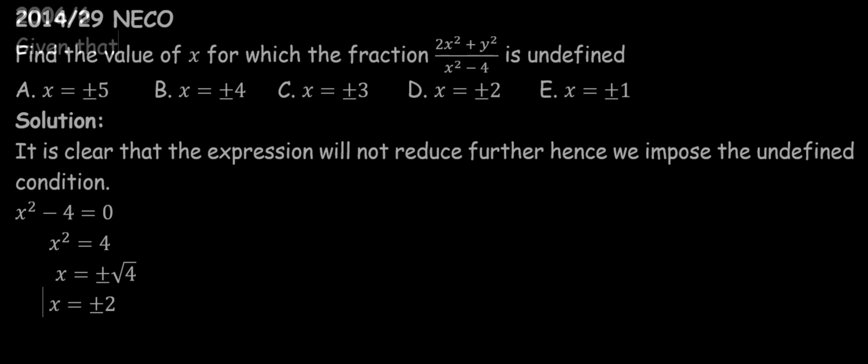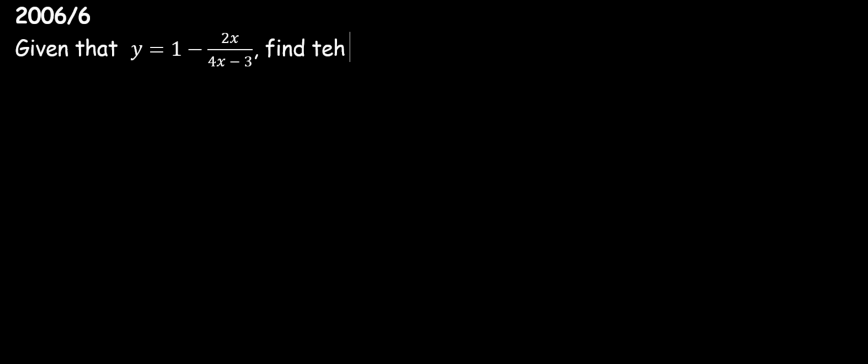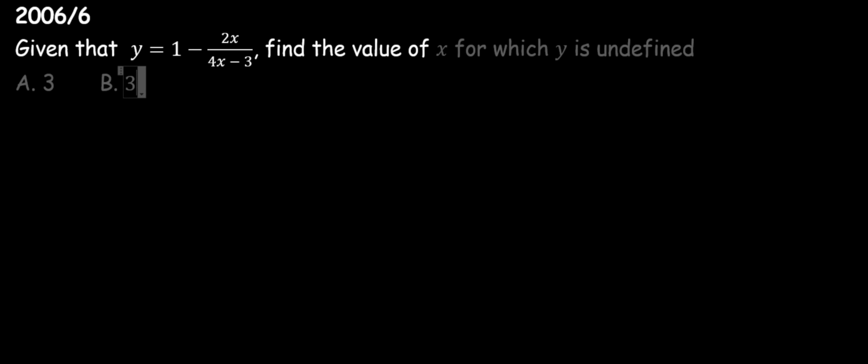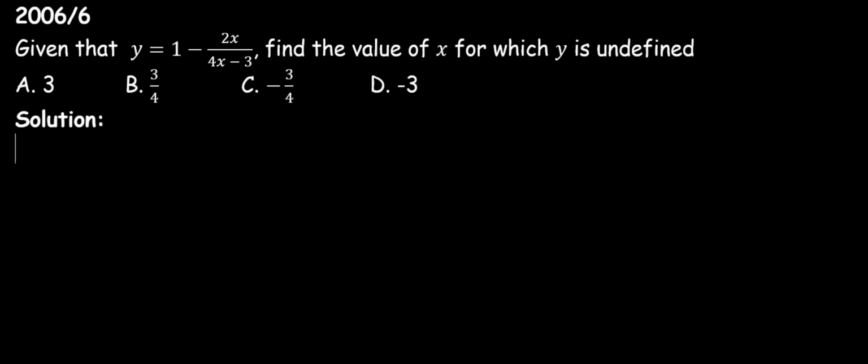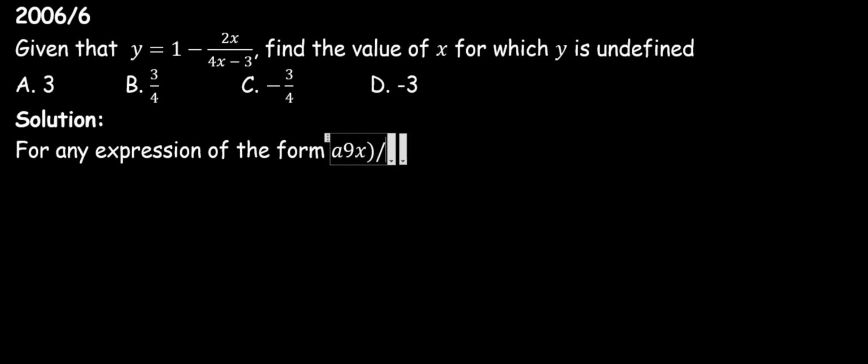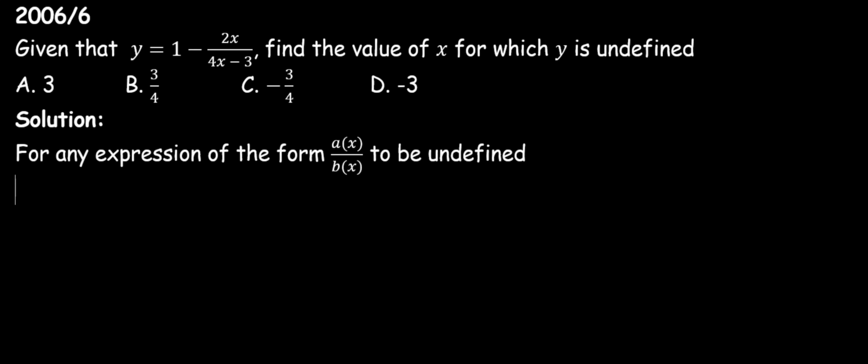Another example. Given that y is equal to 1 minus 2x divided by 4x minus 3, find the value of x for which y is undefined. The options are given. Solution. For any expression of the form a over b to be undefined, b must be equal to 0. Here the expression is not yet in full fraction.